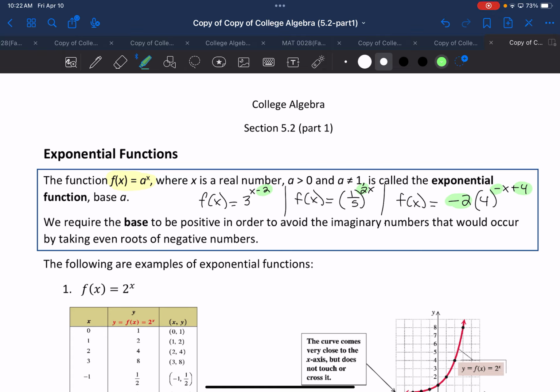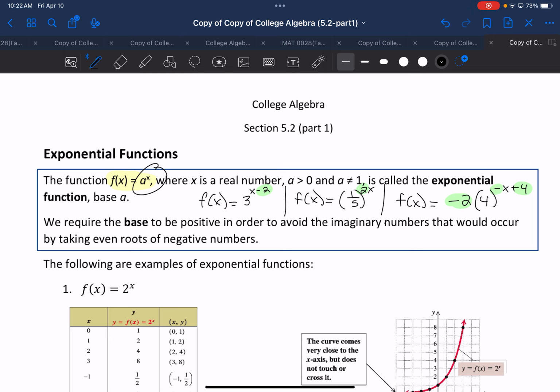So I'm highlighting all of the extra components that are not included in this form. And these extra components are going to be our transformations.